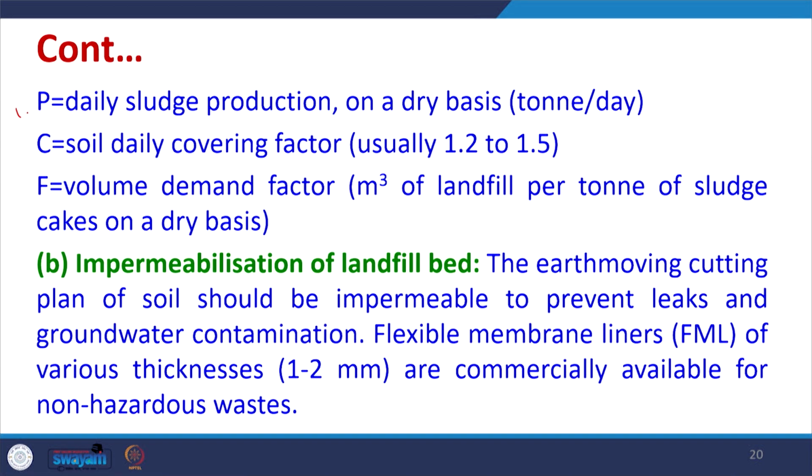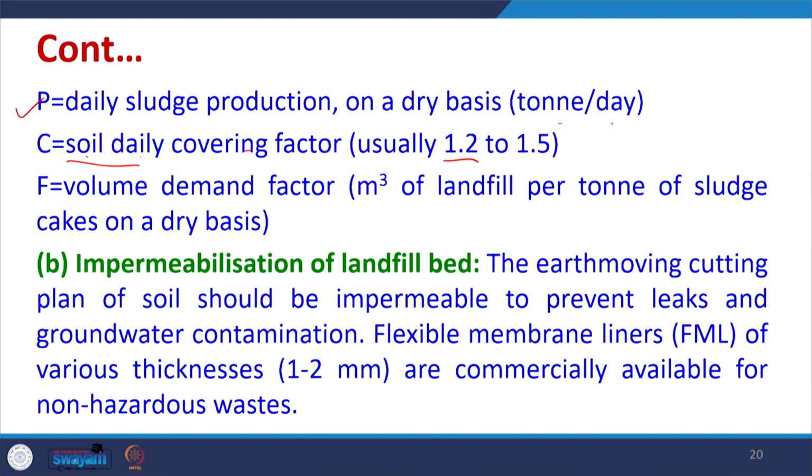P is the daily sludge production on a dry basis, ton per day. C is the soil daily covering factor, because once we fill the sludge it has to be covered by soil. So, how much soil is required? Generally we take a factor of 1.2 to 1.5.